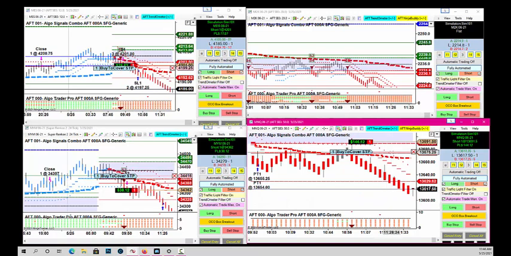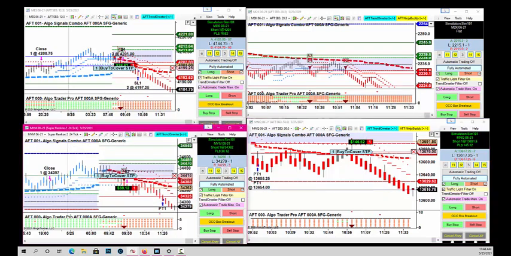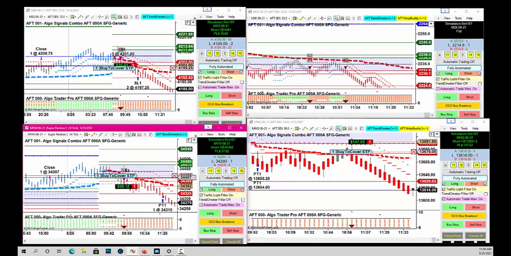Okay, so you see now the NQ, its protective stop or its trailing stop now on that last contract is in profit. So no matter what happens in the NQ, we're going to guaranteed profit on that 3rd contract. Guaranteed profit on that trade. Dow's got to come down some more. The stop has moved down, but it's not to break even or in profit yet.